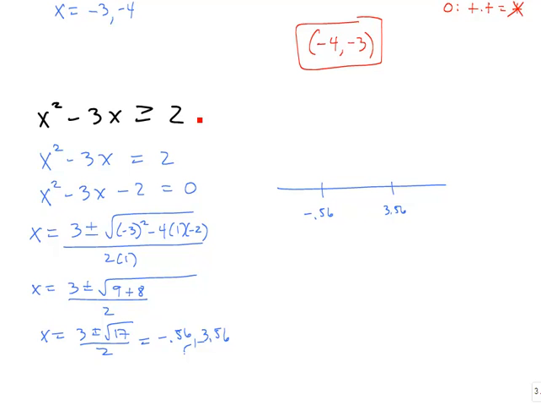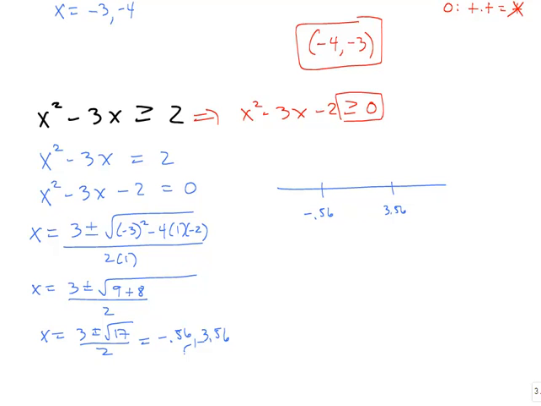So for example, if we had subtracted 2 over to the left-hand side and gotten a 0 on one side, then all we're going to have to do when we test is decide, is our sign greater than or equal to 0? It's easier to compare the signs to 0 than it is to try and plug something into here and compare it to 2.